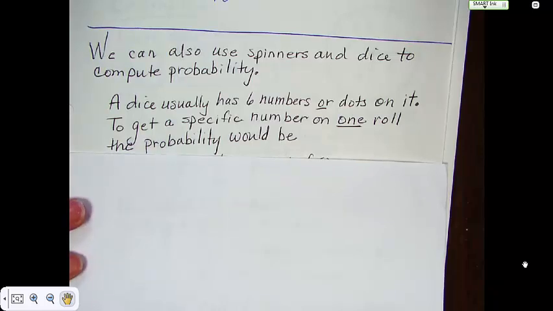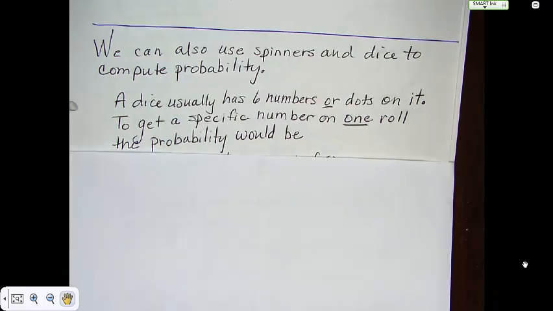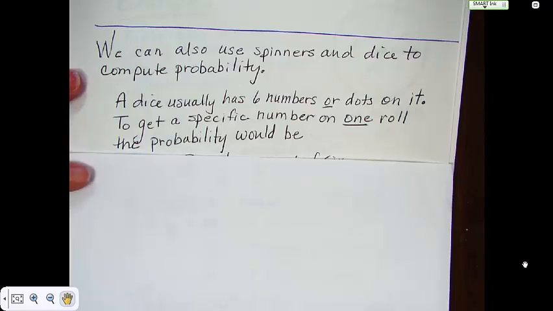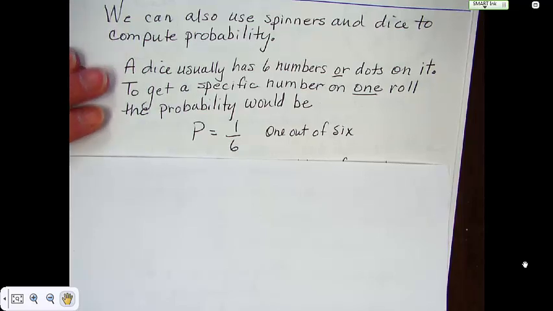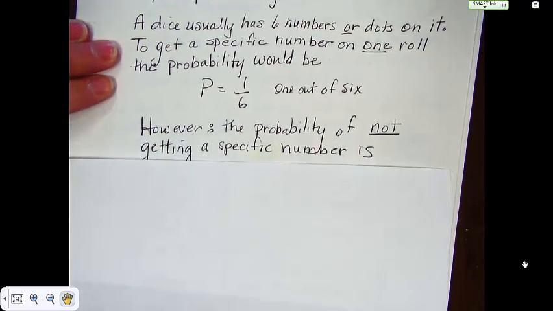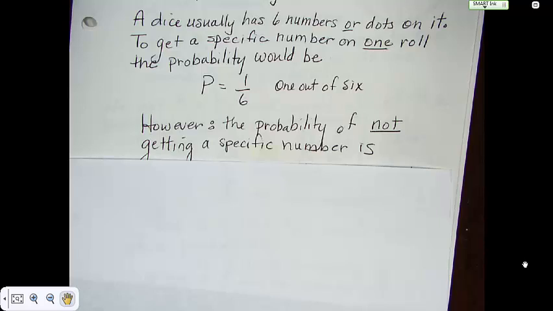So to get a specific number on one roll, the probability would be, well, you don't have any repeats of numbers, so you're going to have 1 out of how many could you possibly get? Well, if it's a typical dice and there's 6 numbers, 1 through 6 on it, it would be 1 out of 6.